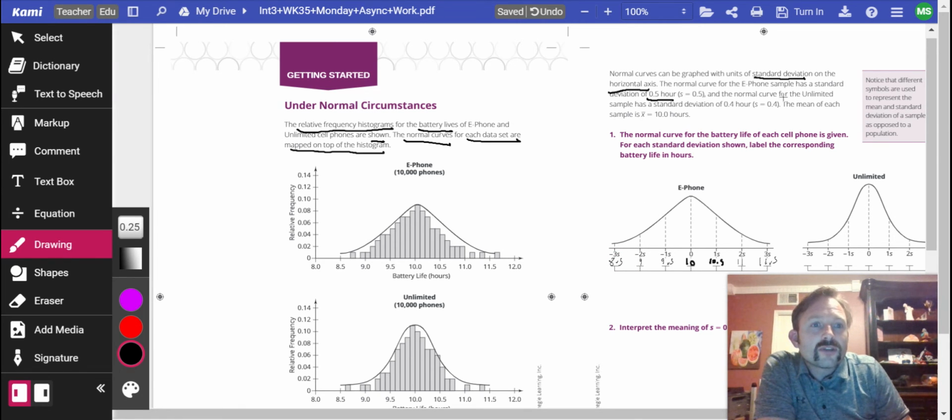The normal curve for the unlimited sample has a standard deviation of 0.4 hours. So the standard deviation S equals 0.4. The mean of each sample is 10.0 hours. Sorry guys, I forgot to mention that. So the mean is 10. Okay, so let's write it in.